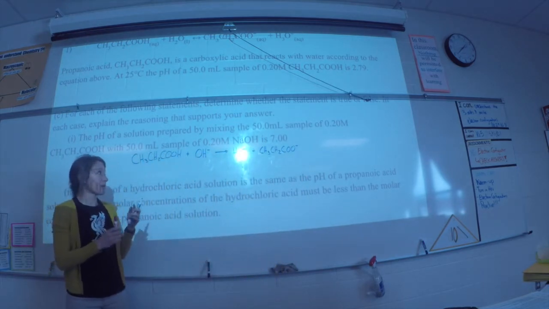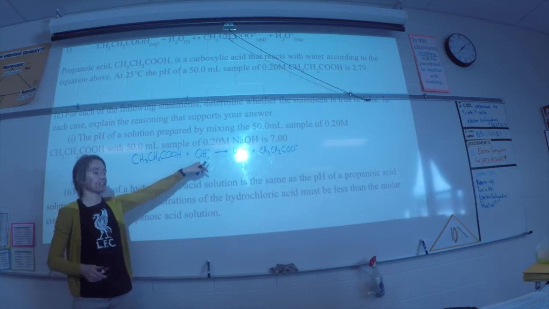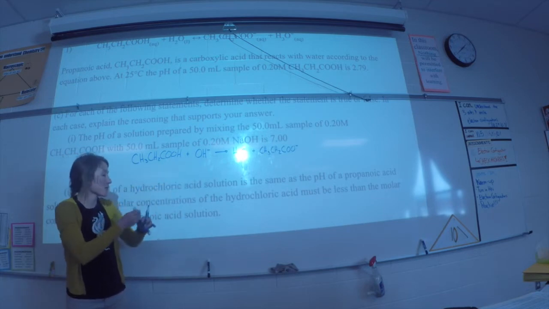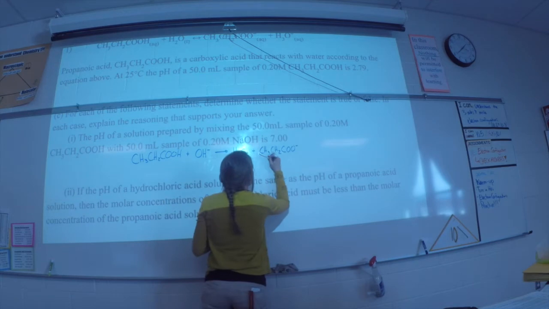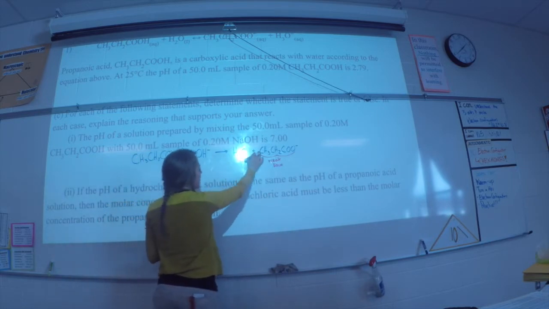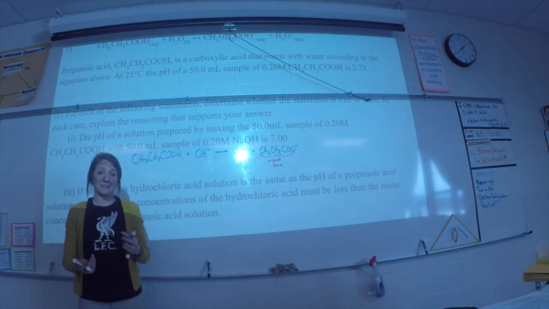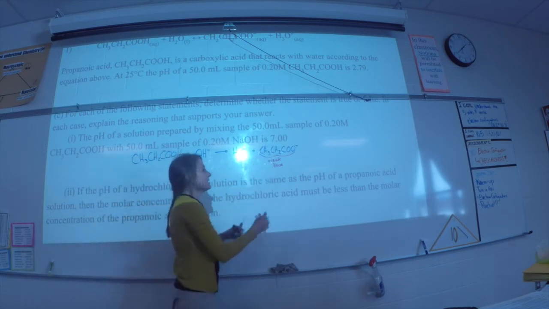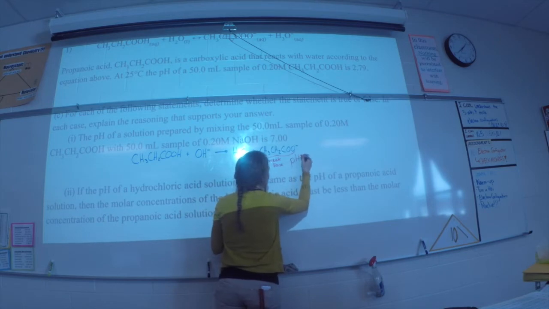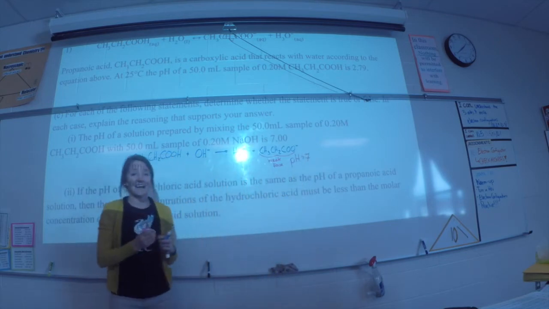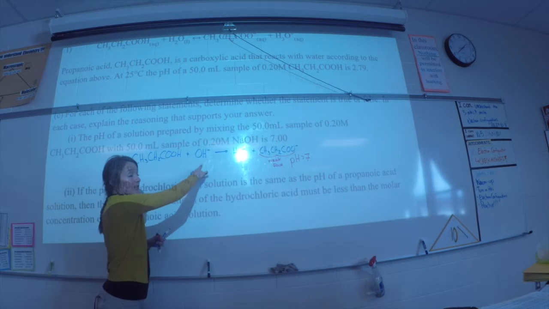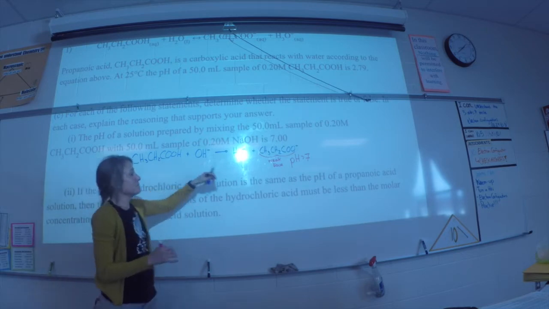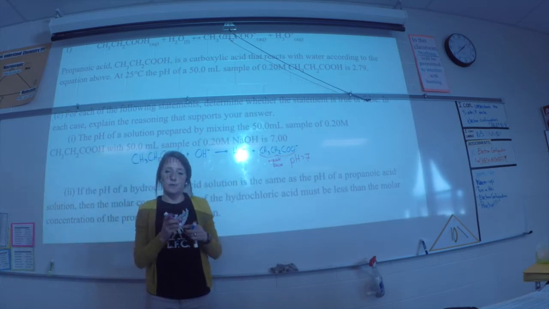So in the process of neutralizing the weak acid and the strong base, we have made a weak base, because the conjugate of this weak acid is a weak base. And so because we now have a weak base floating around, the pH of my solution would actually be greater than 7. Both of these are gone, that is true, but they make a weak base in the process.